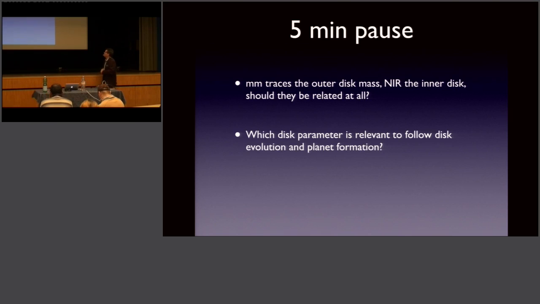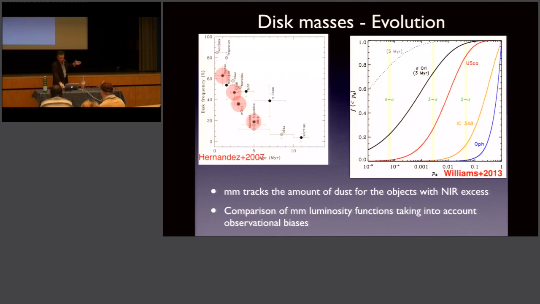Nonetheless, you have seen the plot of Hernandez, the famous fraction of stars with infrared excess. Well, you have it here, a different version of the same plot. The fraction of stars with infrared excess is going down with time.